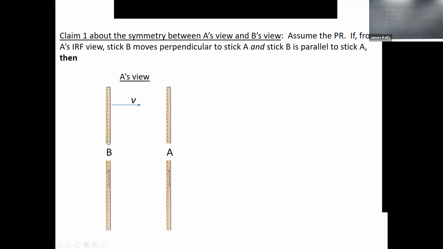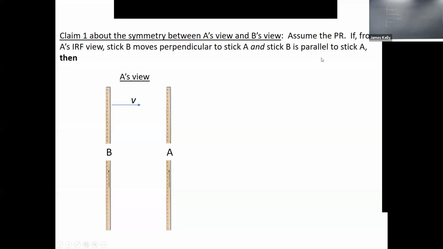Imagine a situation where A sees B's meter stick moving toward A with a velocity, a direction of motion, which is exactly perpendicular to the orientation of B's meter stick in this case, which is parallel to A.